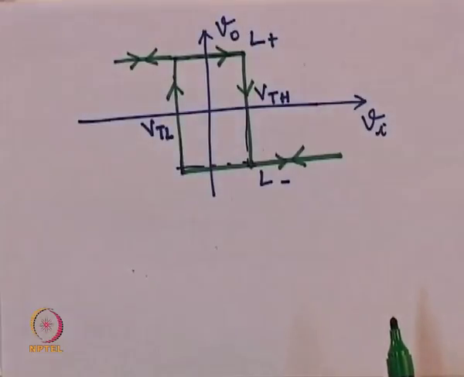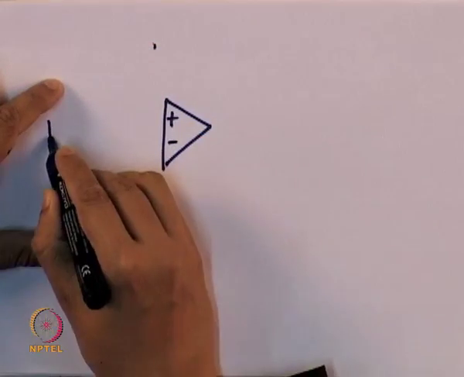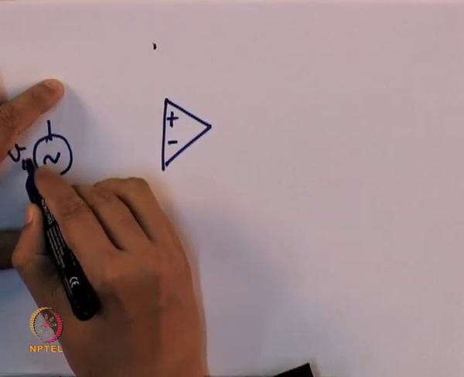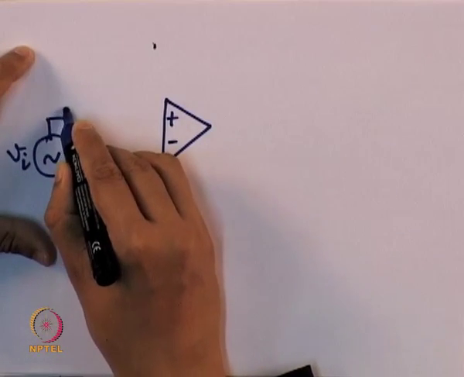So, then the circuit will be somewhat similar to the inverting op amp circuit that we have seen earlier. So, the circuit is, when the input is applied to the non-inverting terminal. In the previous case we had given the input to the inverting terminal, in this case we are giving it to the non-inverting terminal.